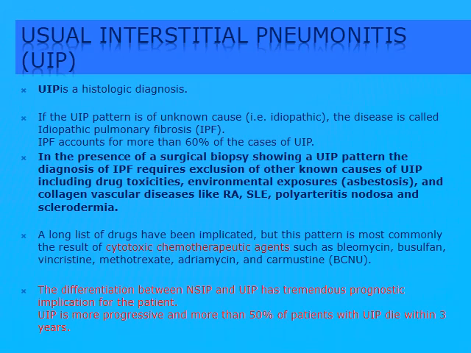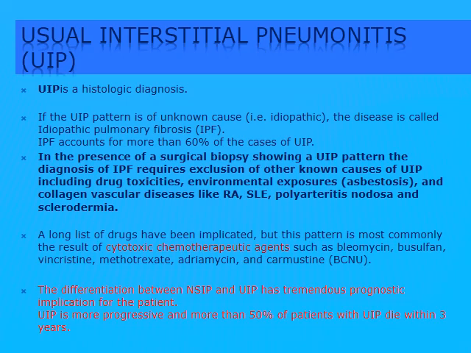The most important one is usual interstitial pneumonitis, or as we use in everyday practice, the word UIP. It is a histological diagnosis. If the UIP pattern has no known cause, we will call it idiopathic, and this is what is known as idiopathic pulmonary fibrosis, which accounts for more than 60% of the causes of UIP.